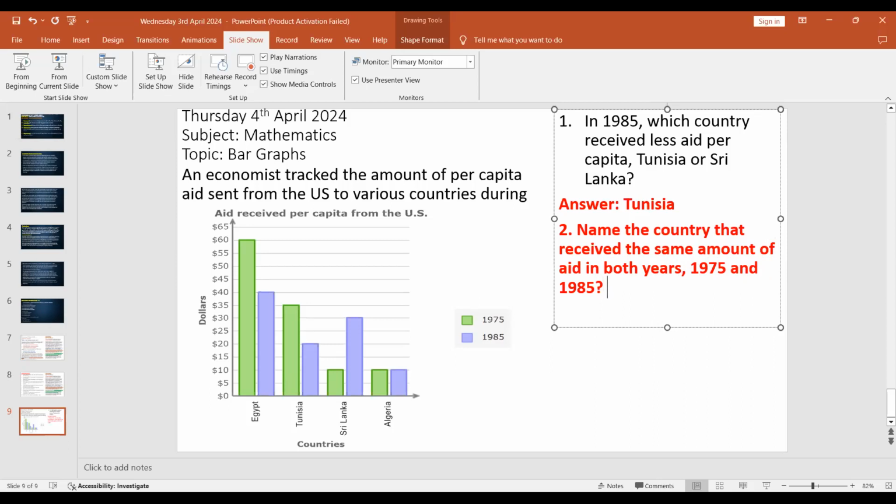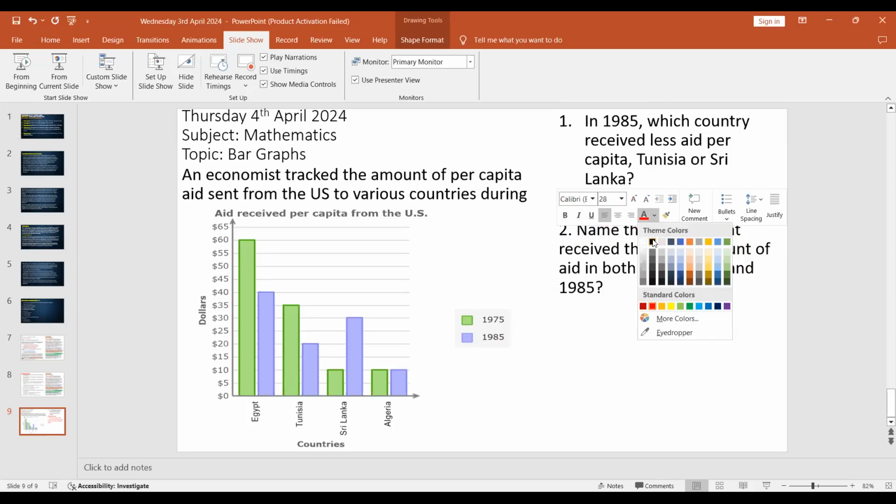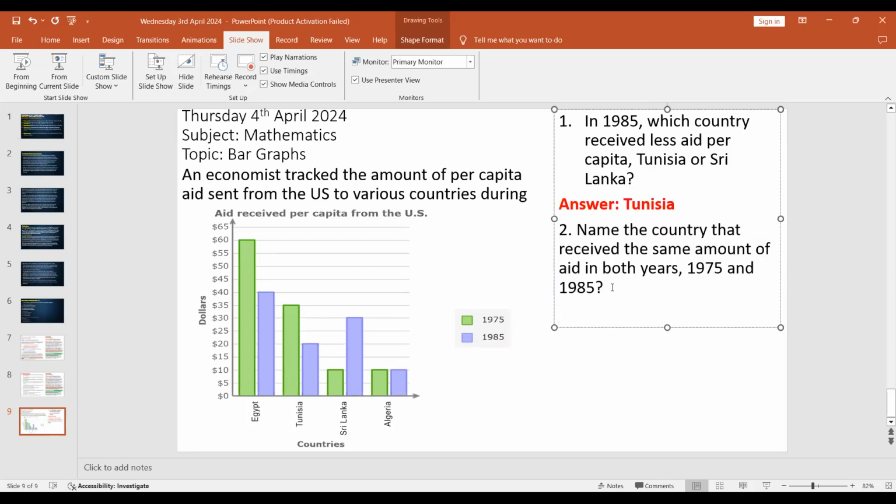So name the country that received the exact same amount of aid in both years, 1985 and 1975.